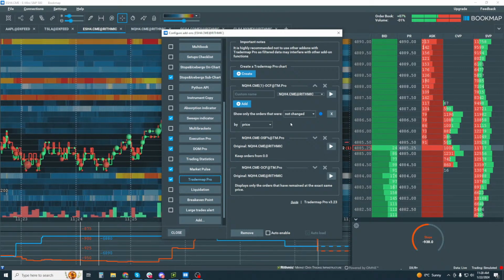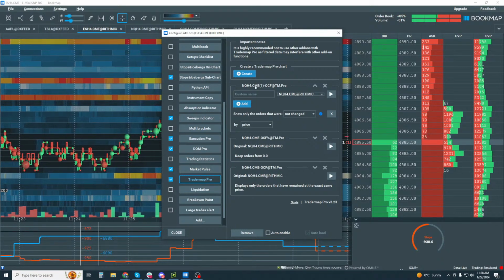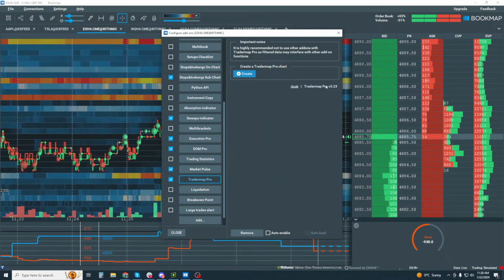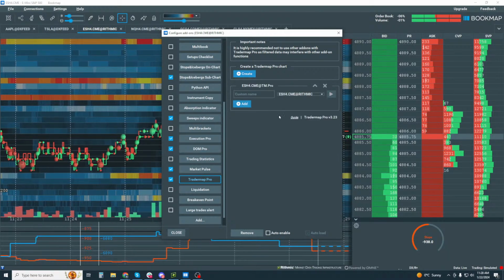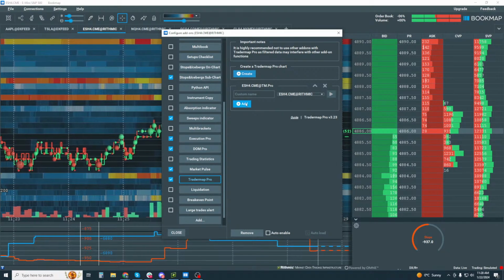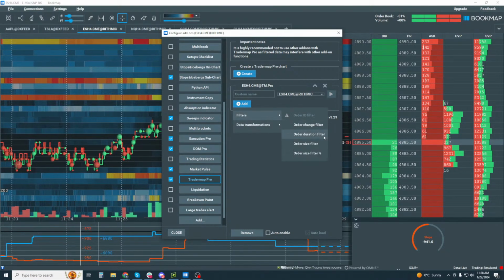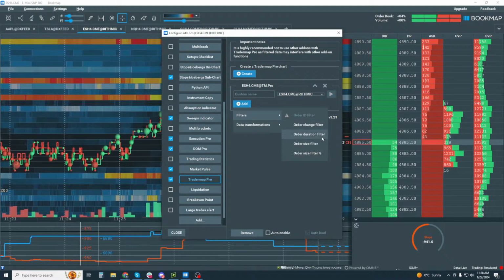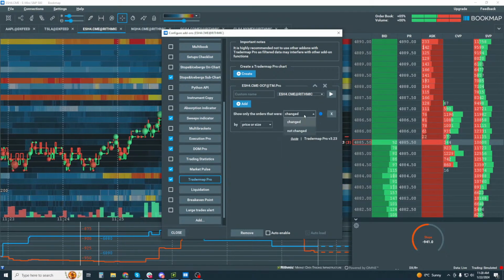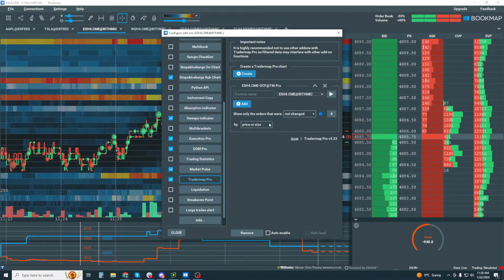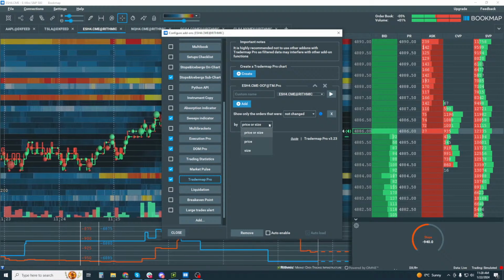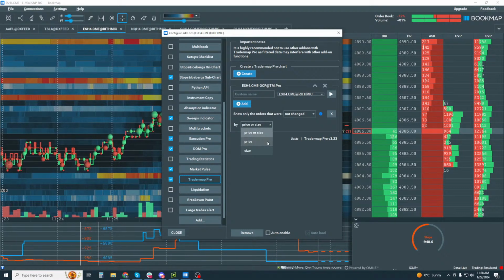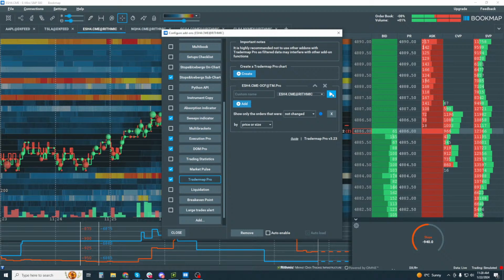All right, let's take a quick look here. Let me get rid of them all to begin with. I'll create one, and we'll add a study filter. Let's do a do not change, order change, and then do not change, or not changed by price or size. That's fine.